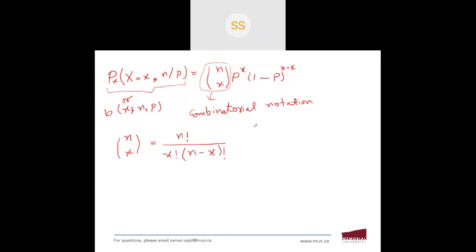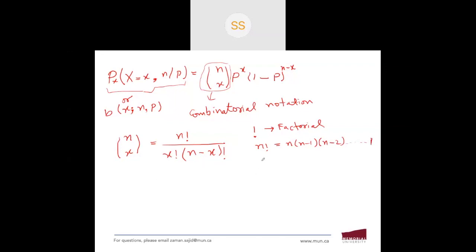Now this symbol is what we call the factorial notation. Just to give you an example, this is a general formula: n factorial is n into n minus 1 multiplied by n minus 2, until you reach the value 1.